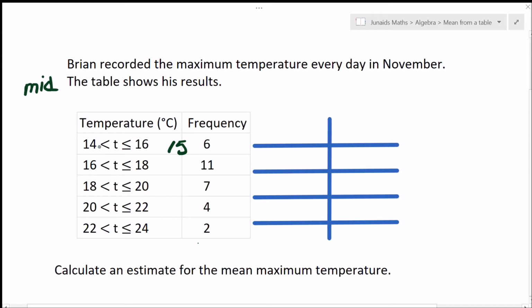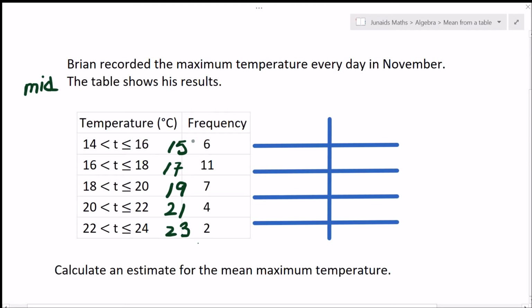So 16 plus 14 is 30, and then you divide it by 2 to get 15. Same you're going to do for all the other temperatures as well. So here we have 17 midpoint, and the midpoint here is 19, 21, 23. So all these midpoints we've worked out.